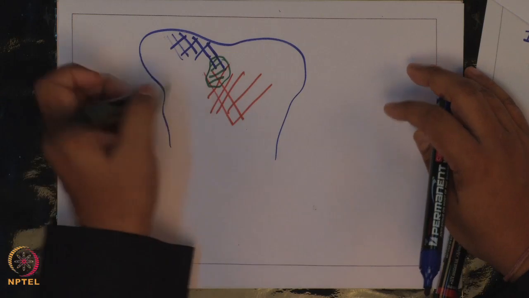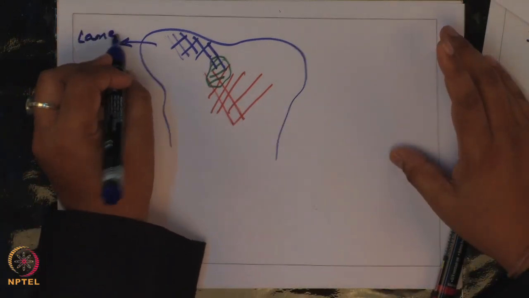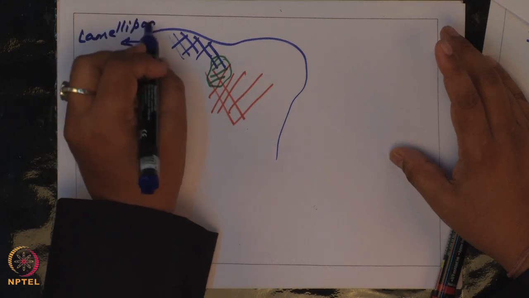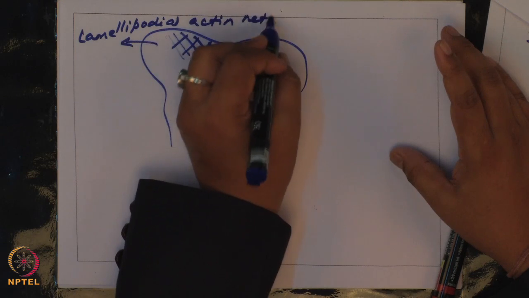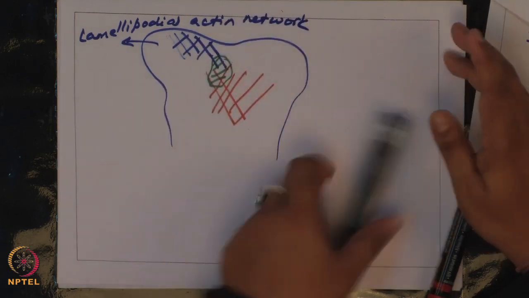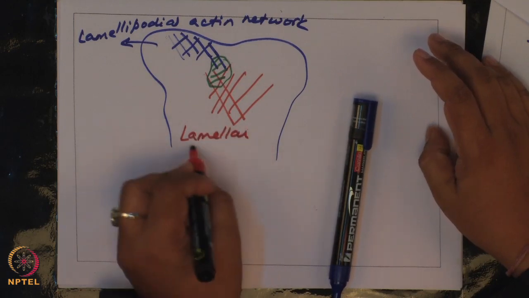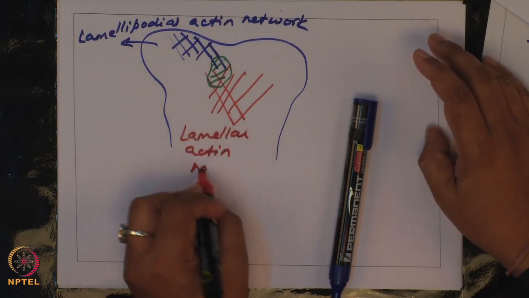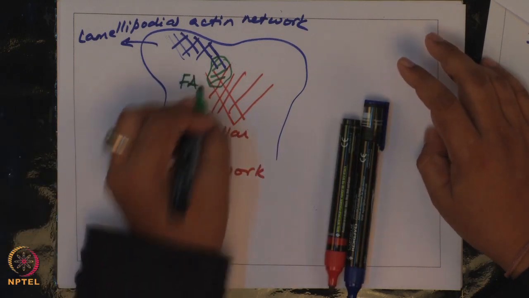So, this is your lamellipodial actin network. This is your lamellar actin network, and this is your focal adhesion.